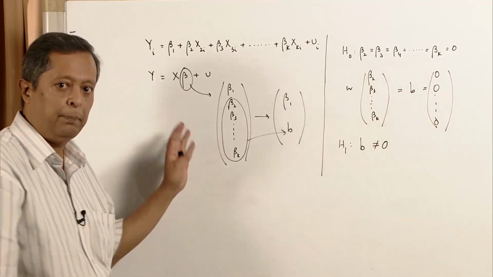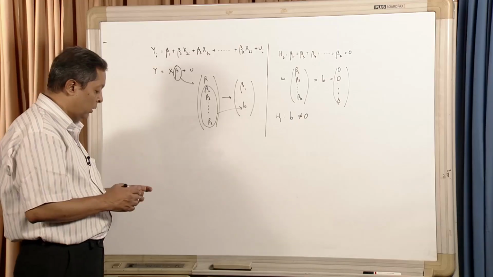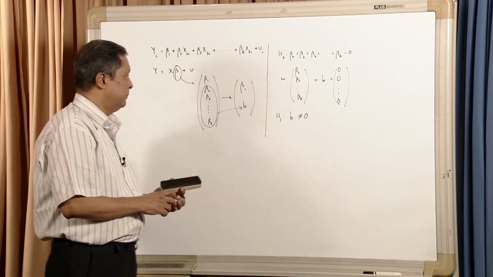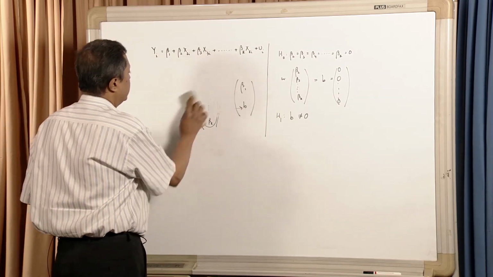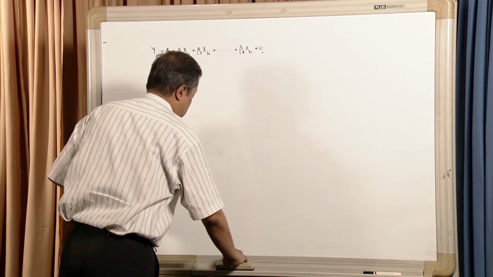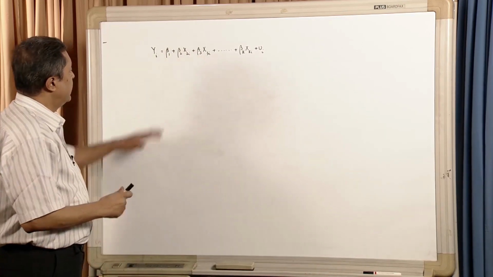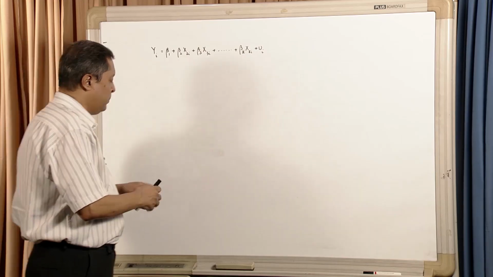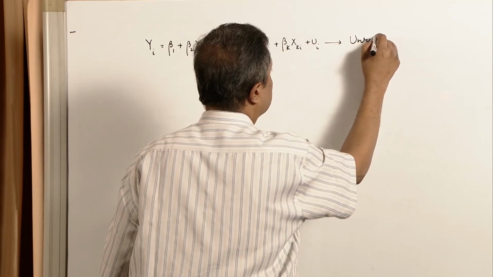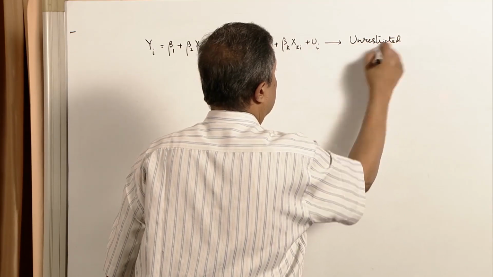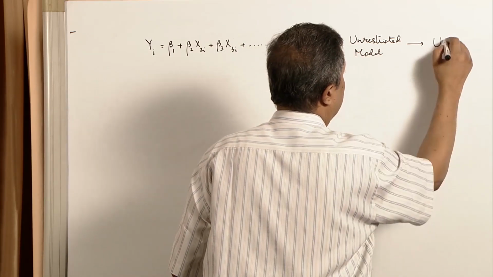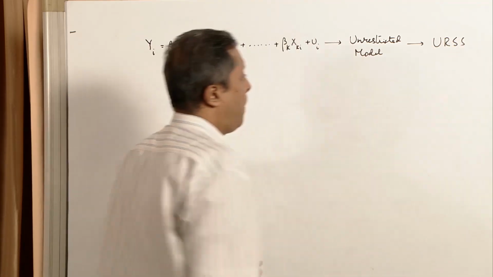And let us apply the restricted-unrestricted model approach, and let us see how we can connect it with what we have studied earlier. So, under the null hypothesis we have the restricted model, and this is the unrestricted model. So, from here we estimate this. This is the unrestricted model, and from here we obtain the unrestricted residual sum of squares.